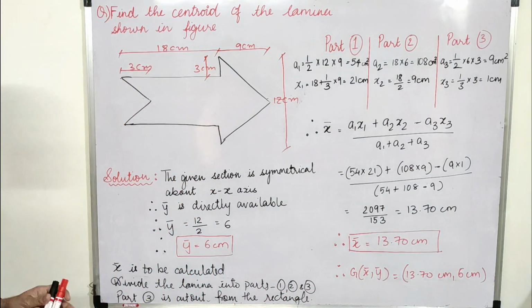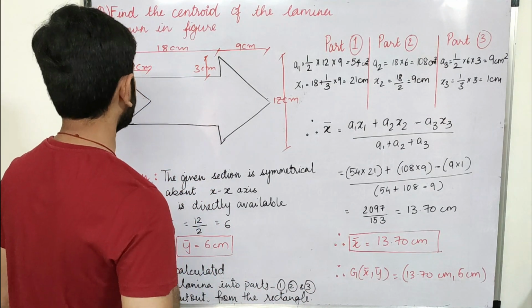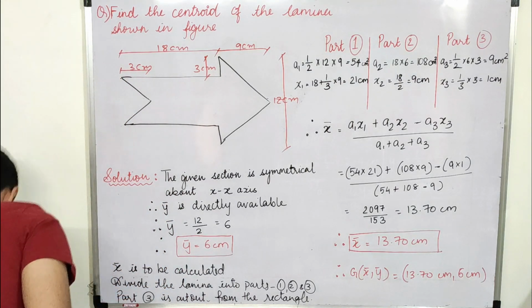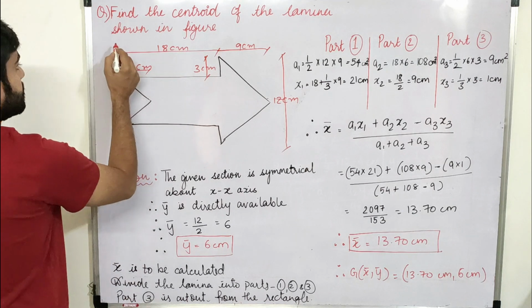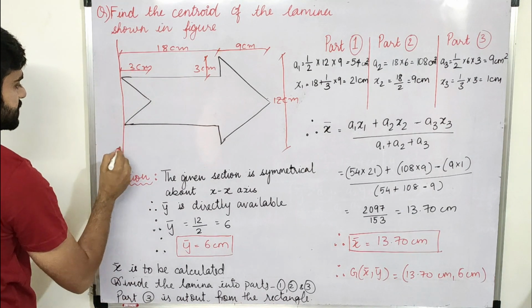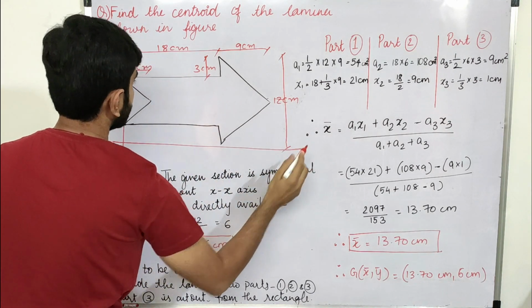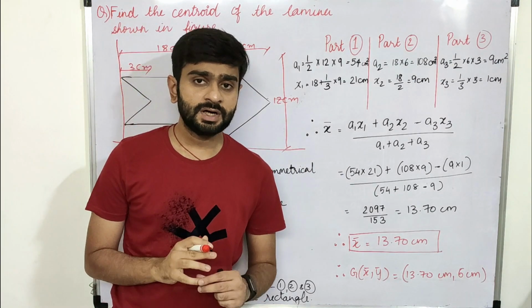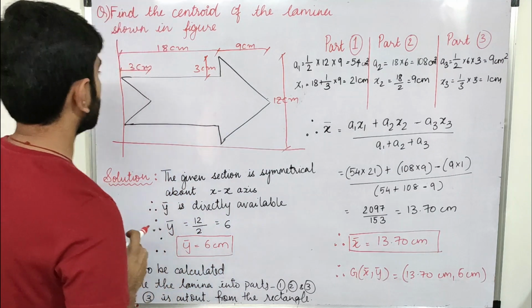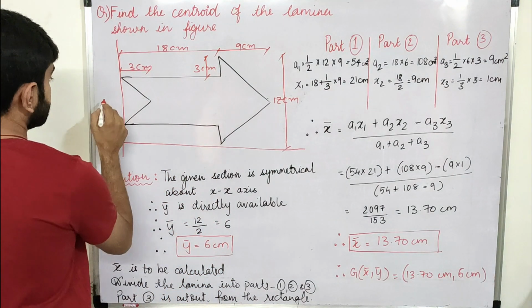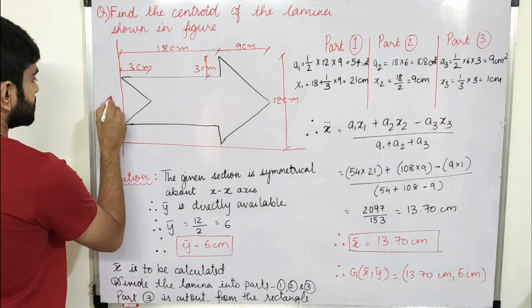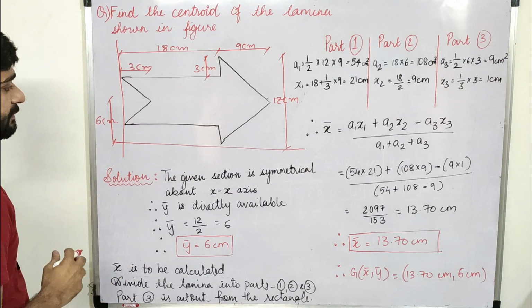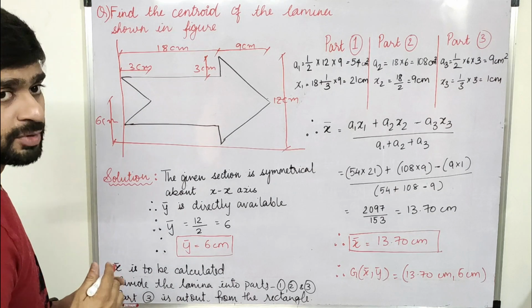So for the calculation of the x coordinate for the centroid, we have to put up the reference axis first, as we do every time. So this is our reference axis with respect to which we will be plotting our x and y coordinate. Our y coordinate is fixed, that is 6 centimeter, and regarding x coordinate, we'll divide this into a number of parts.